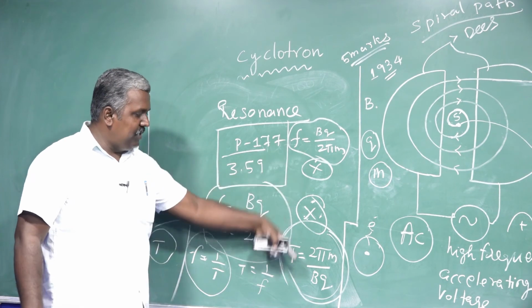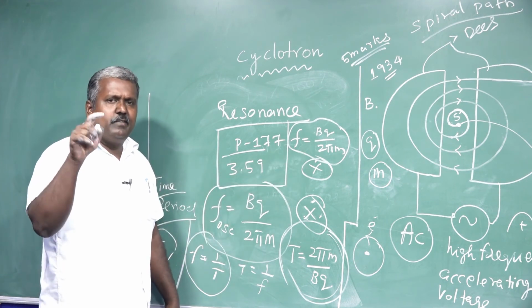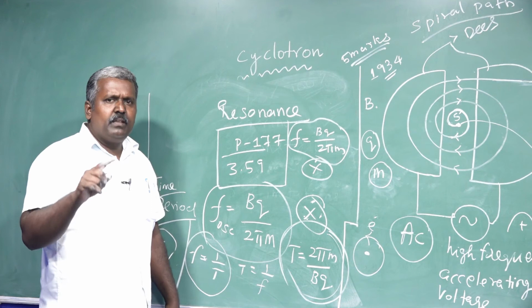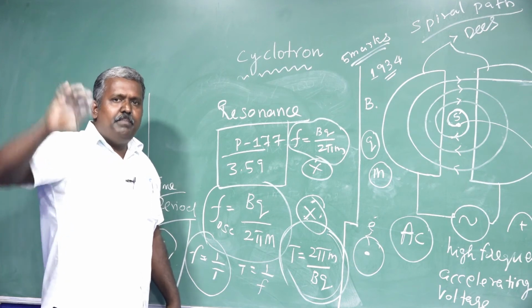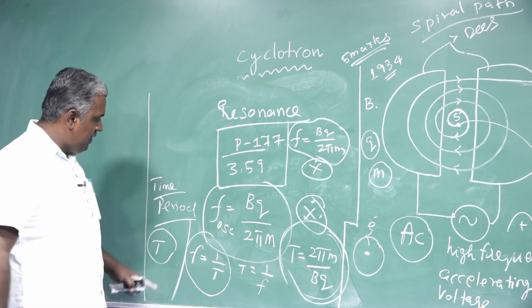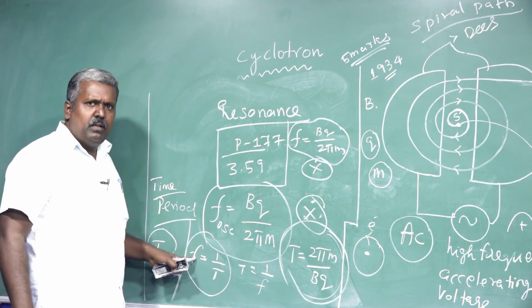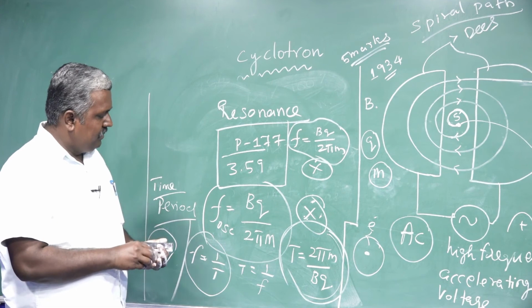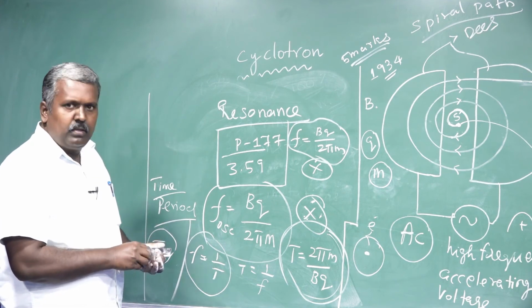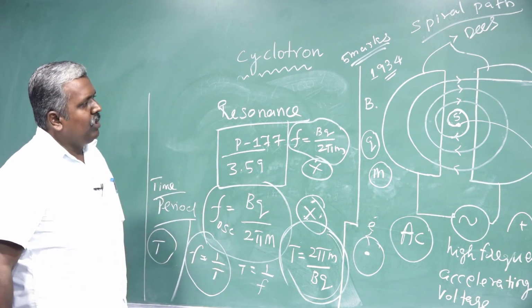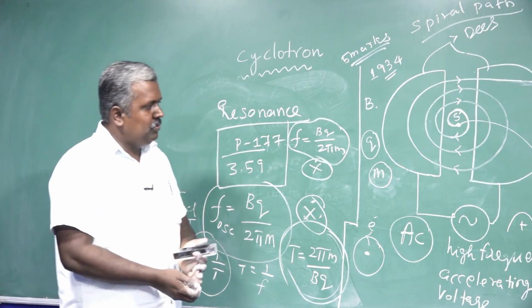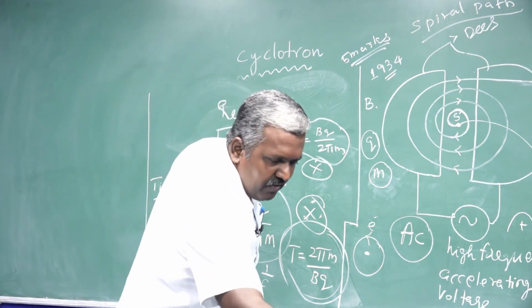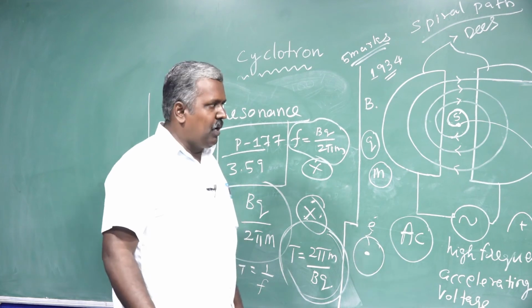Don't confuse them: small f is equal to Bq by 2 pi m, capital T is equal to 2 pi m by Bq. That's all, because the general formula is small f equals 1 by T. Clear? Any doubt? If you have any doubt, you ask me, no problem, okay?